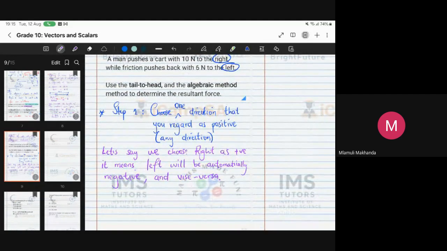So this means force 1 is 10 newtons and it's positive. Therefore, force 1, let's call it F1, is plus 10 newtons, it's positive. And force 2, which is the 6 Newton one, is negative 6 newtons because it's to the left.